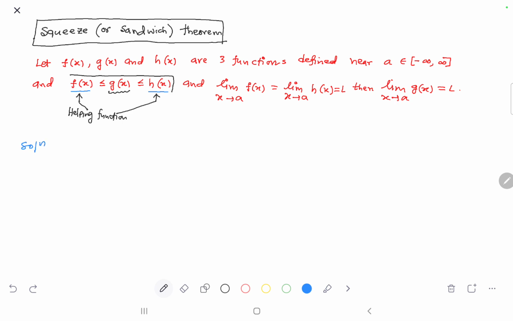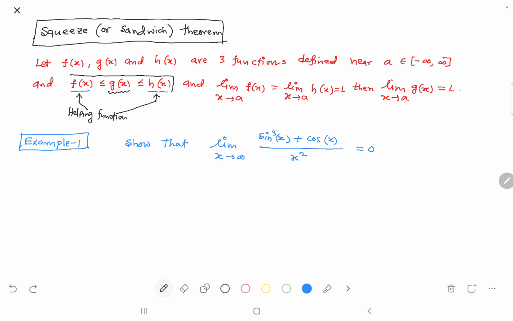Example 1. Show that the limit as x tends to infinity of (sin cube x plus cos x) divided by x square equals 0.